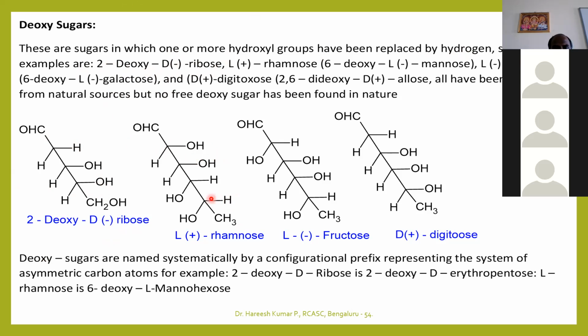Similarly, for this compound, you can observe that there should be a hydroxy group at the 6th position, but that hydroxy is replaced with hydrogen. That is the reason this is called 6-deoxy L-rhamnose. Similarly, you can observe that this moiety is a fructose. You know that.